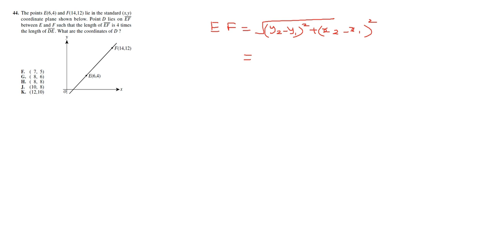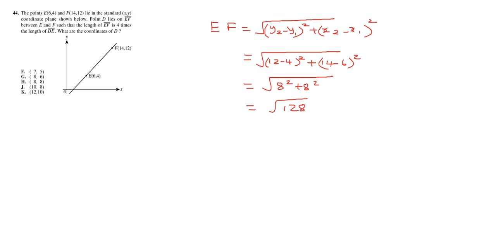So this is going to give us the square root of (12 minus 4) squared plus (14 minus 6) squared, which is the square root of 8 squared plus 8 squared, which is the square root of 128, and that's going to give us 8 square root of 2. So that's the length of EF.